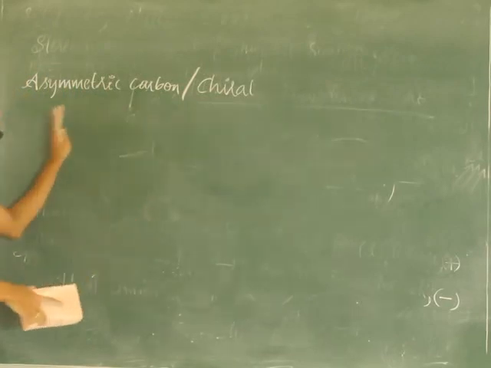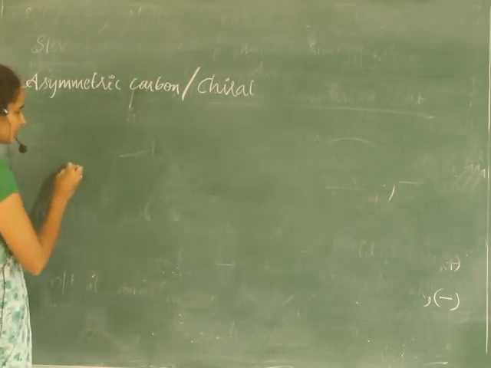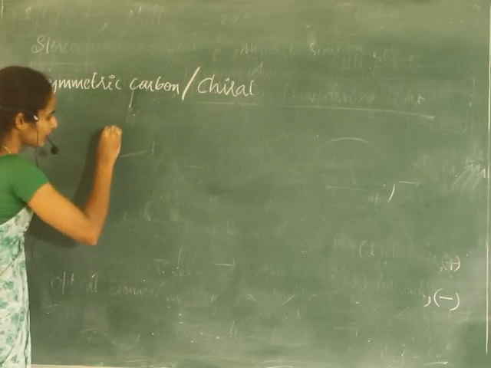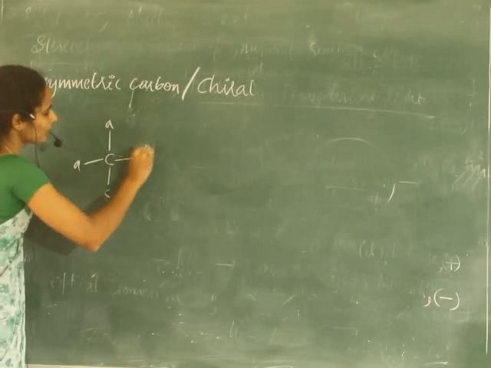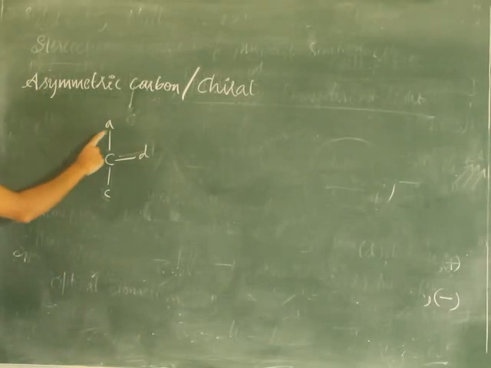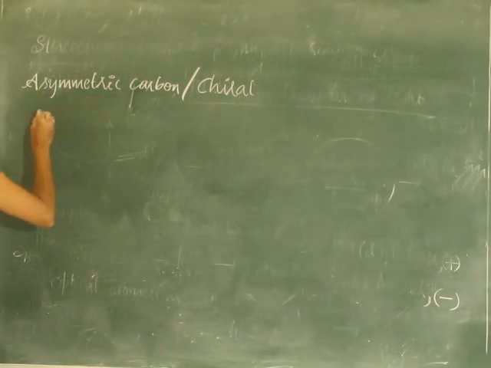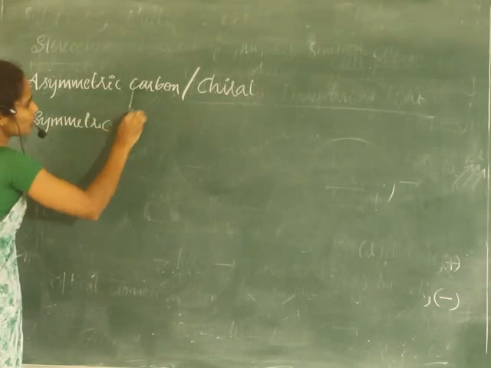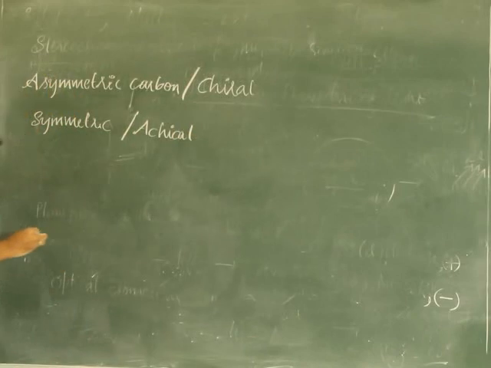Just remember what an asymmetric carbon or chiral carbon is. Now, what is chirality? If a carbon is attached to the same groups, here A and A, this type of carbon is called a symmetric or achiral carbon.